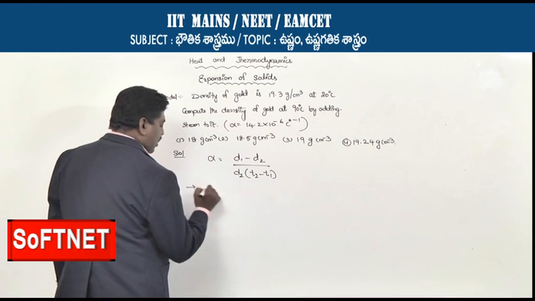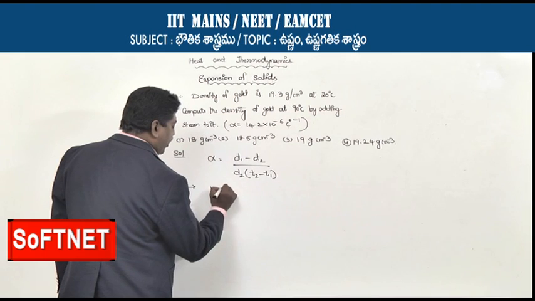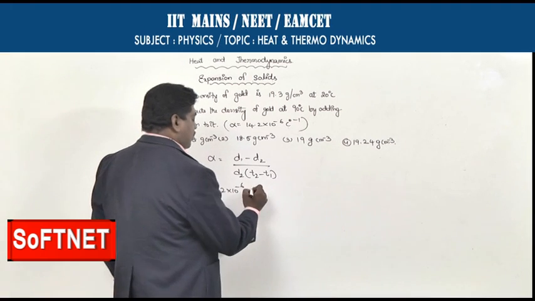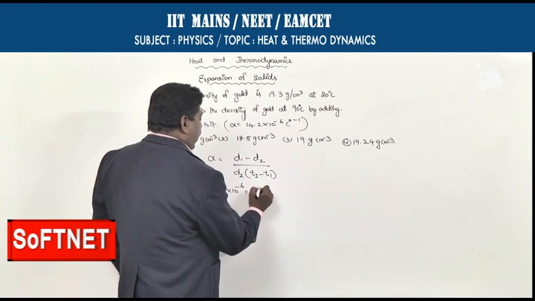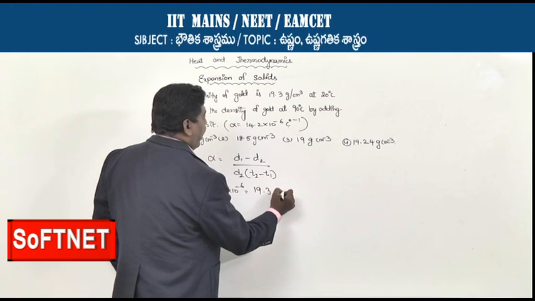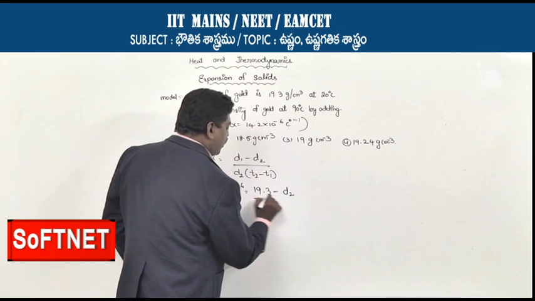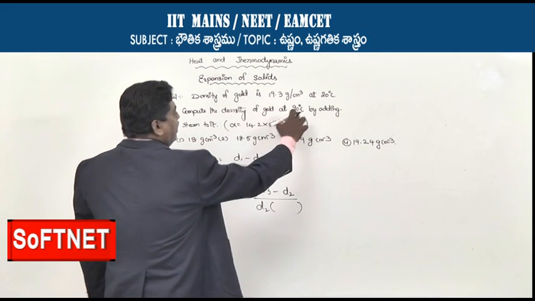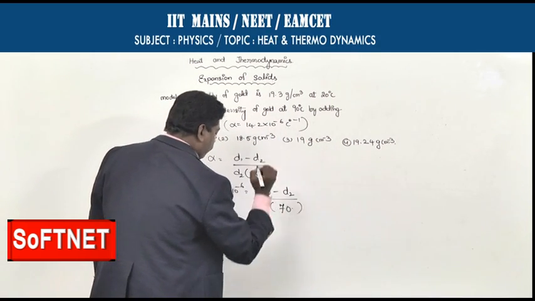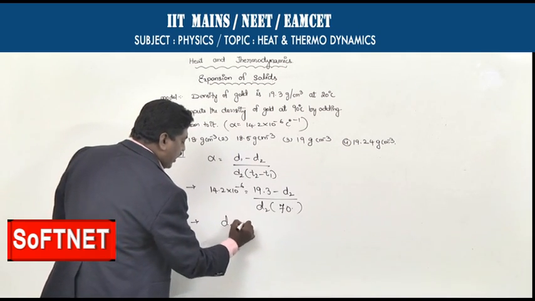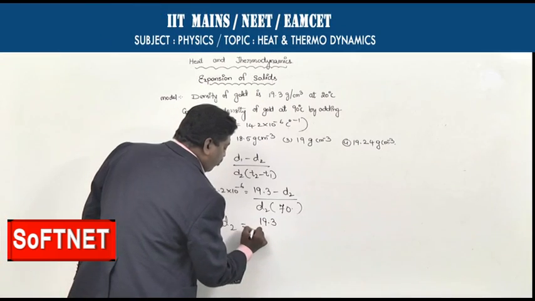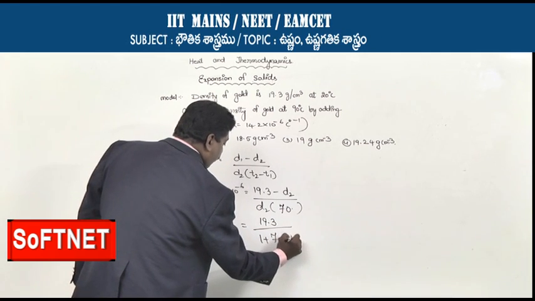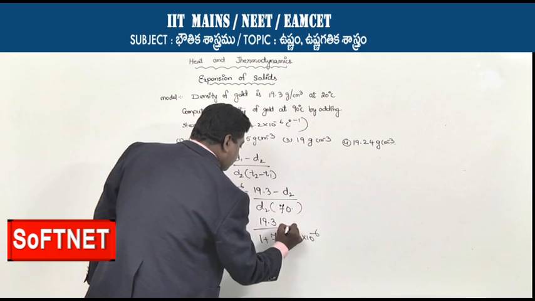In that case, alpha is given as 14.2 into 10 to the power of minus 6 equals d1, which is given as 19.3, and we have to find out d2, divided by d2, into the change in temperature, which is 90 minus 20, which is 70, from which we can get d2 equals 19.3 divided by (1 plus 70 into 14.2 into 10 to the power of minus 6).